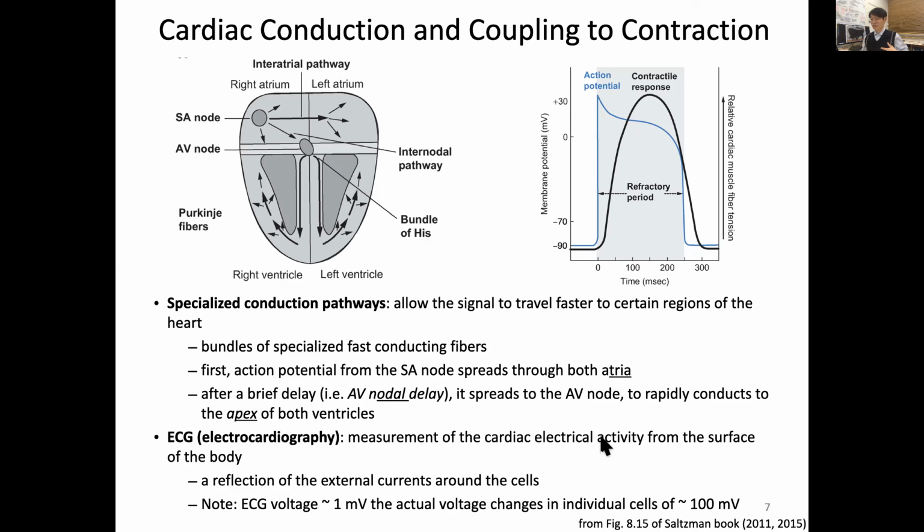That reflects the external currents around our body that originated from the heart. And that ECG signal is only about 1 millivolt, but the original one at the heart is 100 millivolts. So it decays. However, we can still detect it.